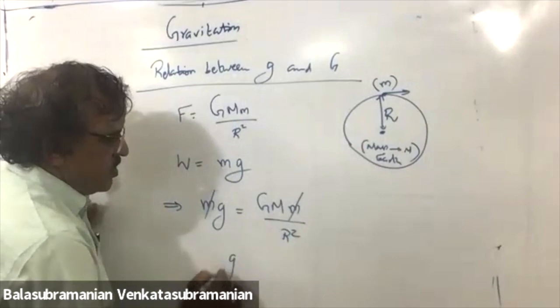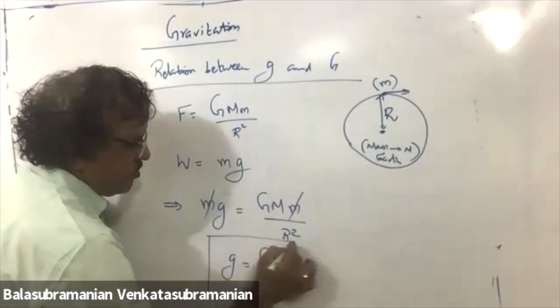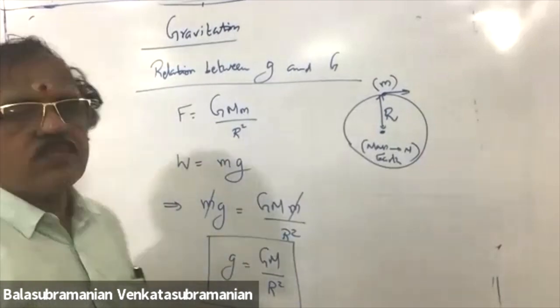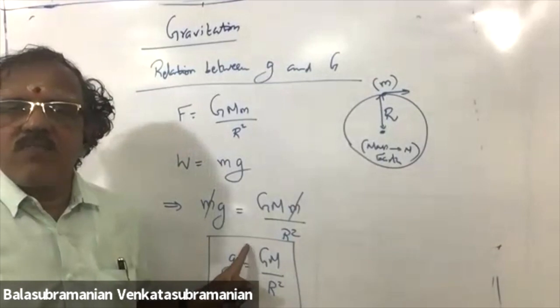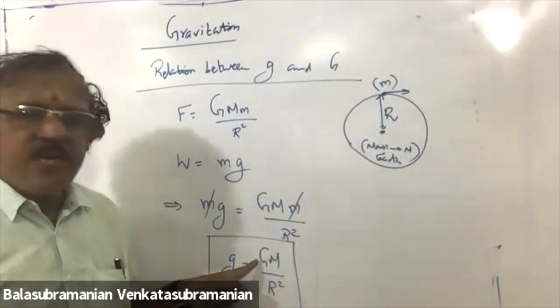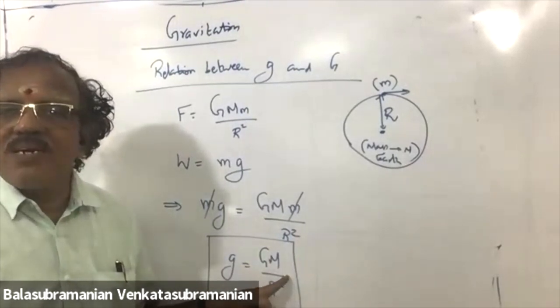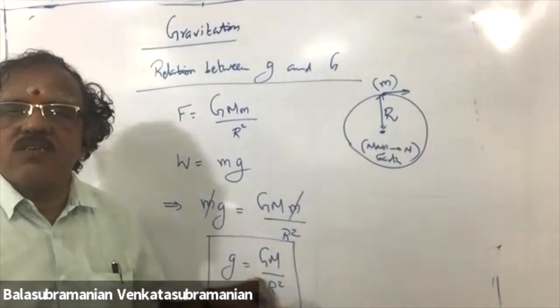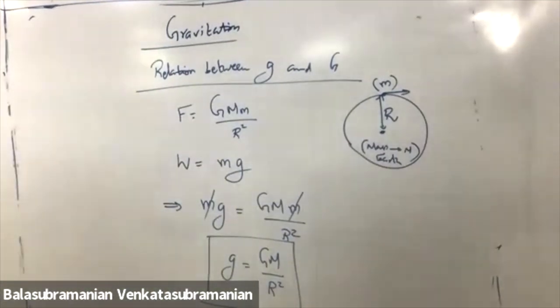Cancel m. g is equal to G M by R square. Acceleration due to gravity is equal to capital G, gravitational constant, M, mass of the earth, over R, radius of the earth. You substitute the values.